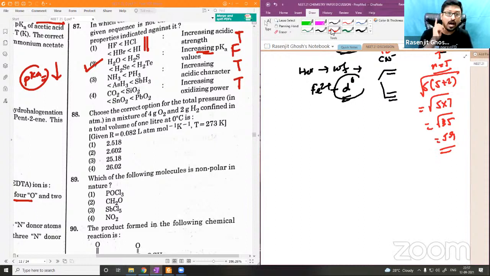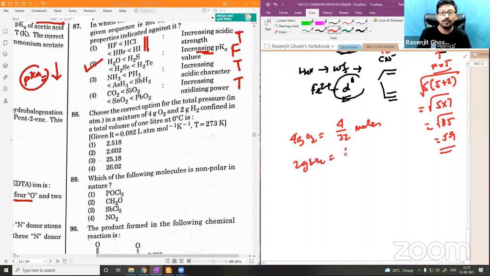How can you do that? 4 gram of oxygen will have 4 by 32 moles, which is 1 by 8. And 2 gram of hydrogen will have 2 by 2, that is 1 mole. So the total number of moles is 1 plus 1 by 8, that is 9 by 8 moles.